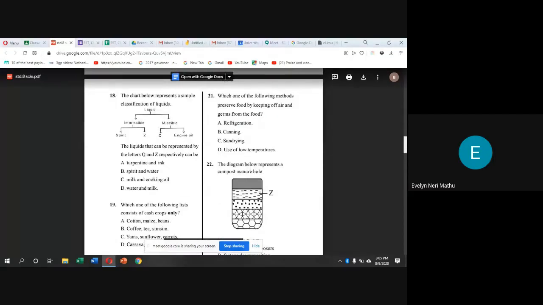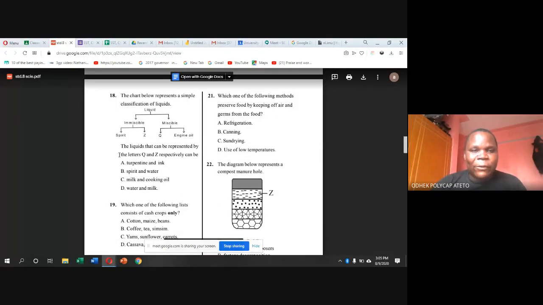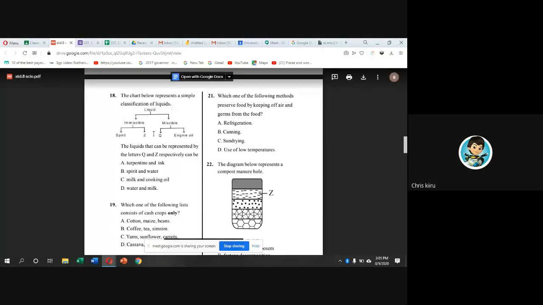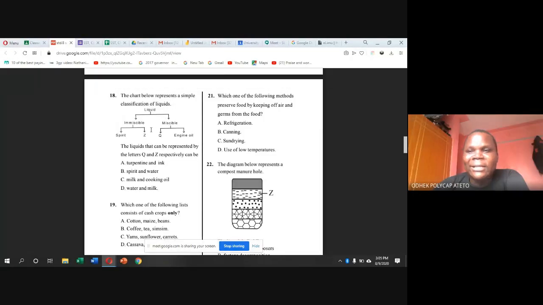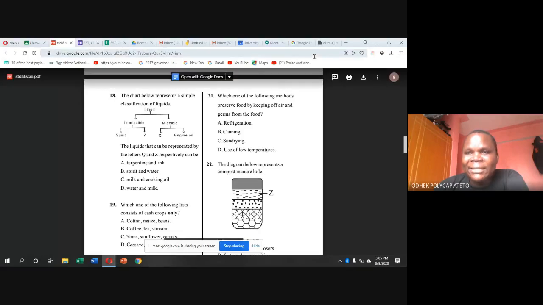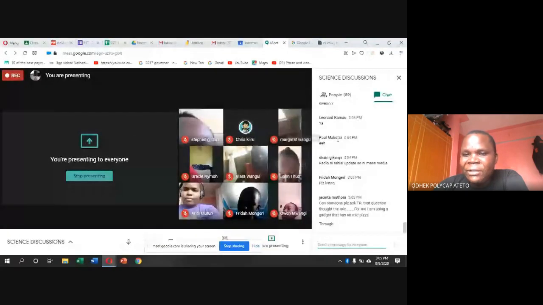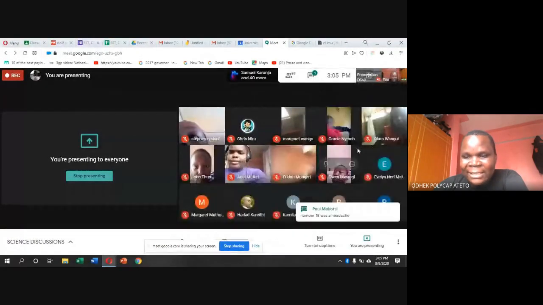Number 18. The chart below, this is a flow chart. You can remember I was talking about a flow chart. And this number 18 was corrected, but let me explain it so that you understand. When it comes to miscible and immiscible liquids, that is class 7.